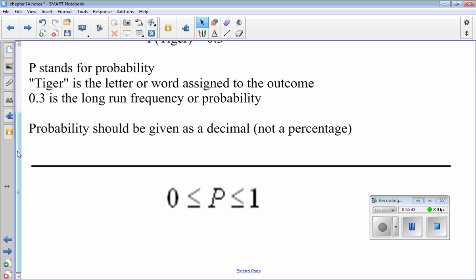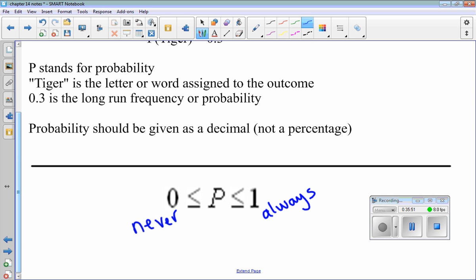And we already talked about the probability that it's 0 is never happening, and the probability of 1 is always happening. This comes up several times and will come up in your homework as well. Probably comes up on the quiz. If you have a bunch of probabilities and they add to be greater than 1, what's the problem? There's a problem. We're going to look at an example like that in a couple of minutes.